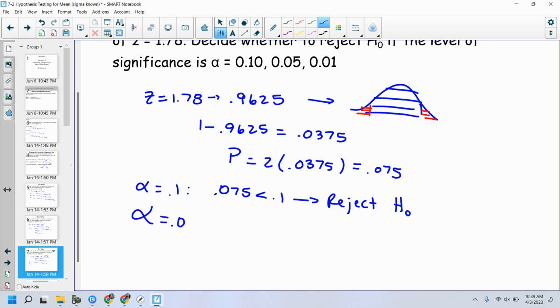Okay, at the 0.05 level, can I still reject it? Is 0.075 less than 0.05? No longer a true statement, right? That is not true. So therefore, this is when we have to start failing to reject.